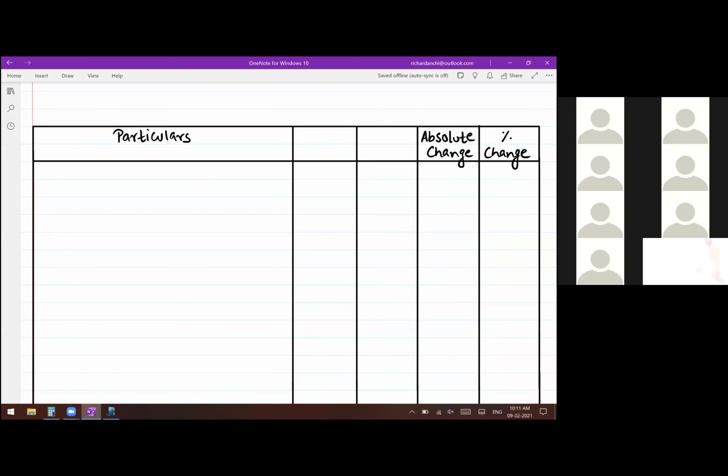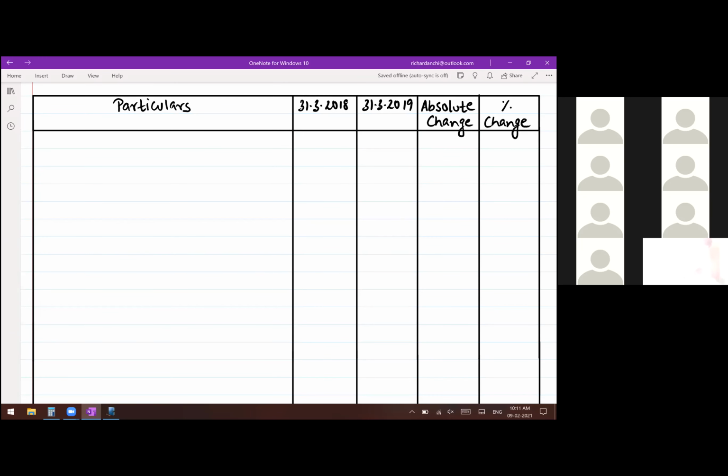You have written all the details here. 31st March 2018 is the first column and 31st March 2019. Roman number 1, sources of funds. Only two: one is owner's funds and one is borrowed funds.